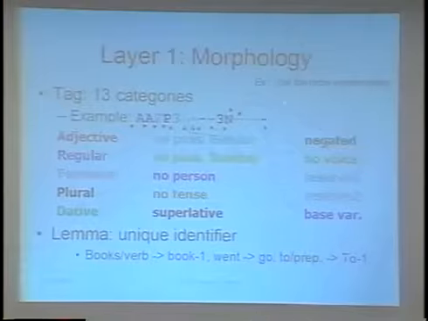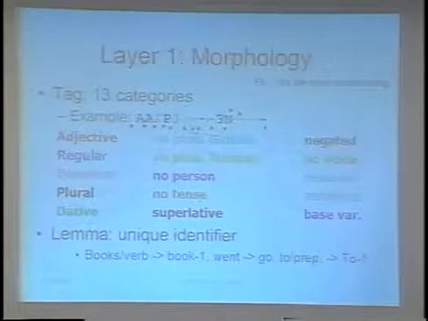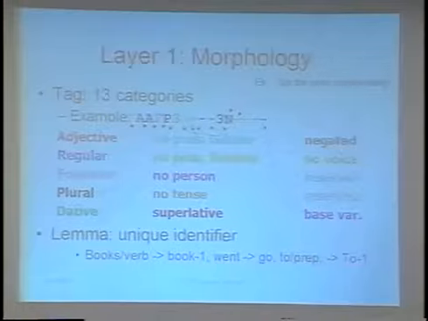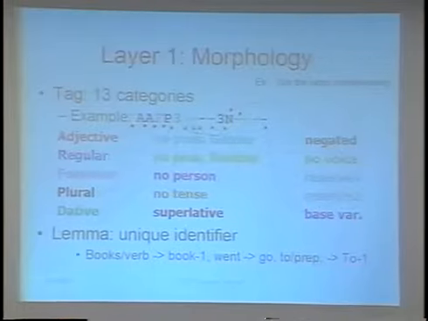Together with the text, we also annotate lemmas. And a lemma is a unique identifier to the morphological dictionary. So it's not just the stem of the word, because that would still be ambiguous. We have a string that's unique for the given part of speech, and for nouns it's also unique for the gender, because nouns typically have their own gender.